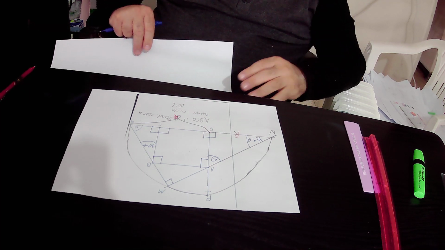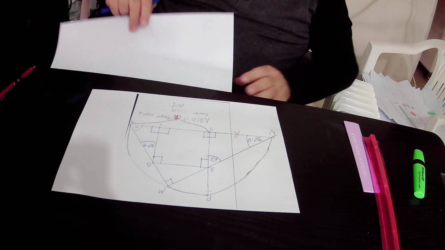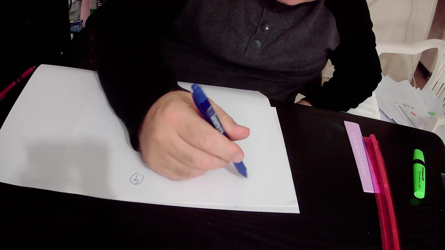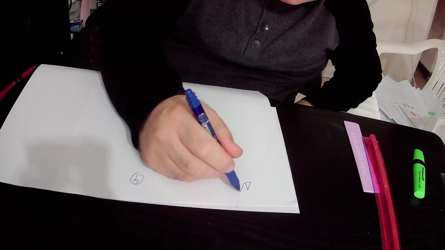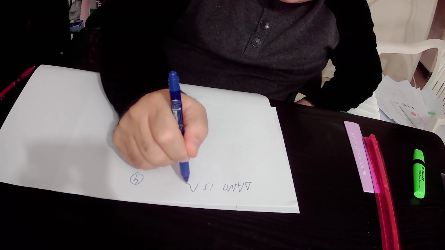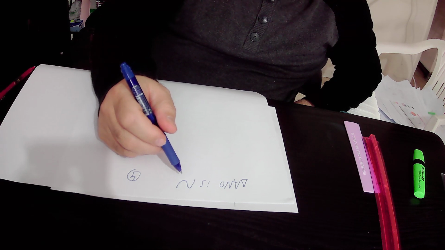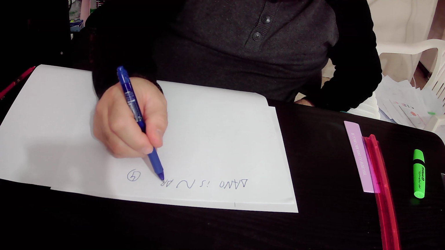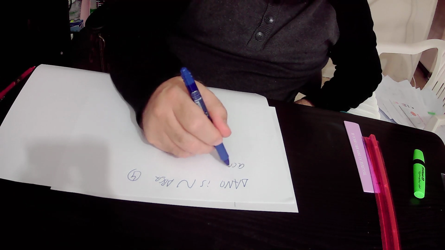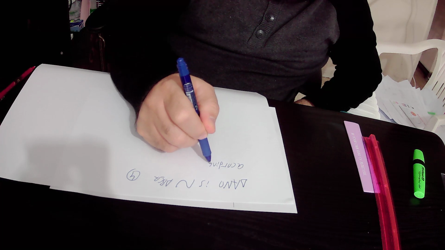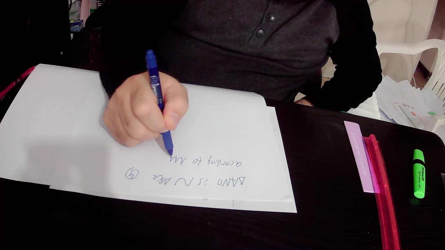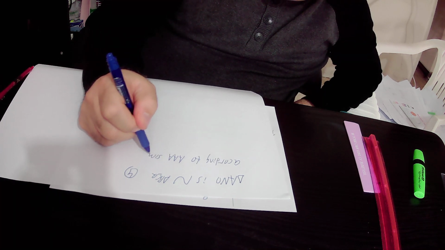Therefore, we can conclude that the right triangle, triangle ANO, is similar to the right triangle, triangle BCQ, according to the angle similarity rule.